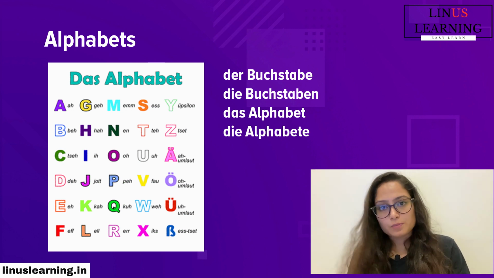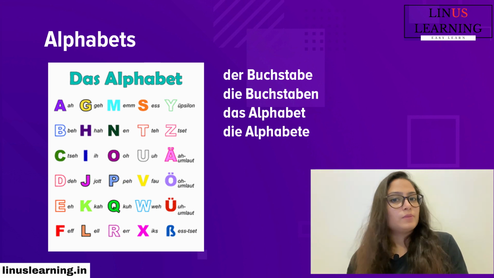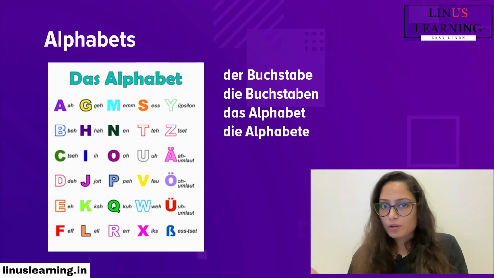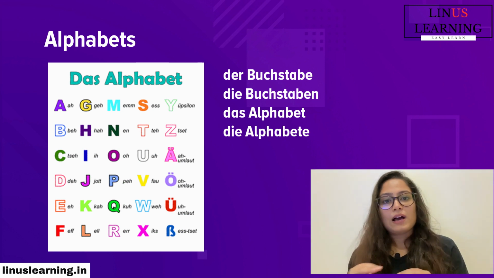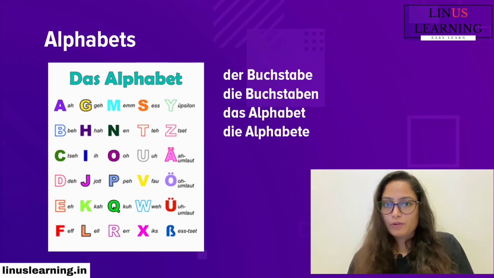The article for the plural noun will always be die, whether the singular is der, die or das. So in this case, alphabet is neutrum, so it is das Alphabet, and plural is die Alphabete.